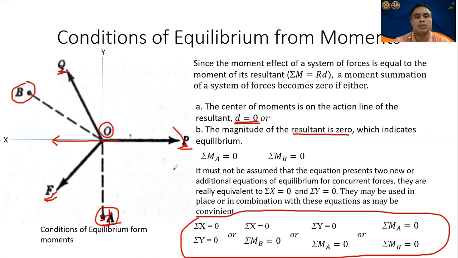Okay? So the answer, class, is summation of moment at A will be equal to 0.